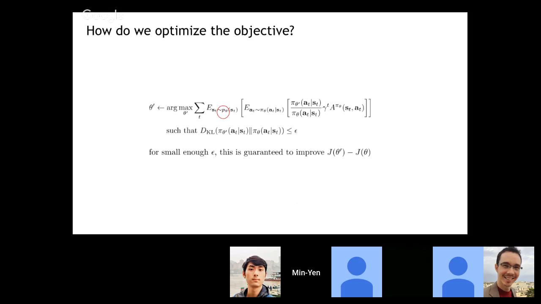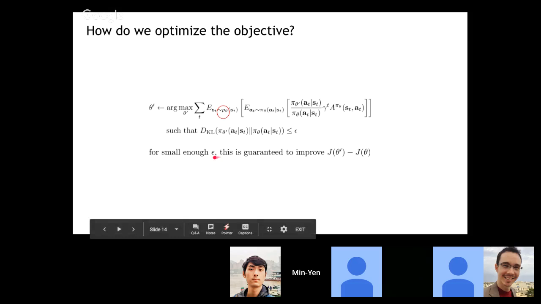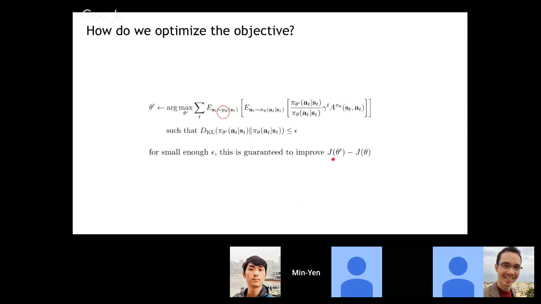Is there a way of imposing the constraint, and then with that you can put it into TensorFlow or whatever to solve? He also made the point that if the value of epsilon is small enough, then it's guaranteed to improve the objective value.